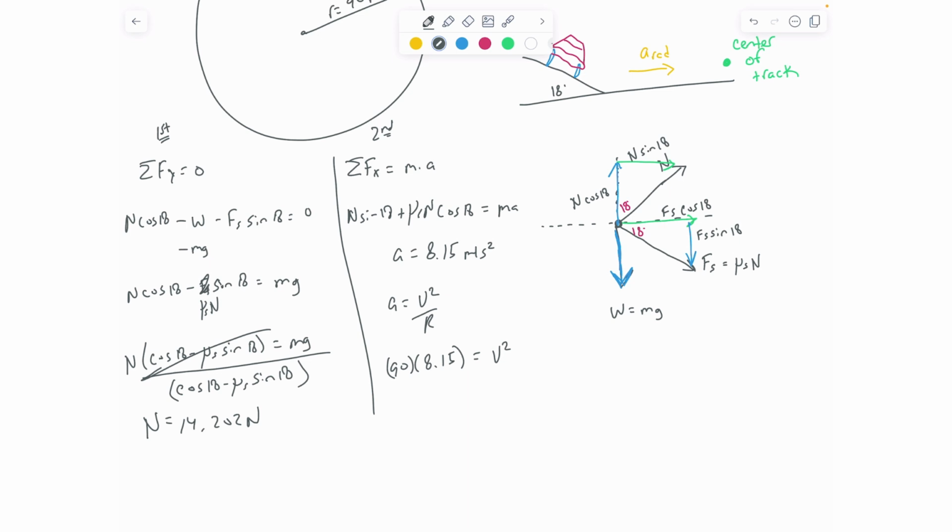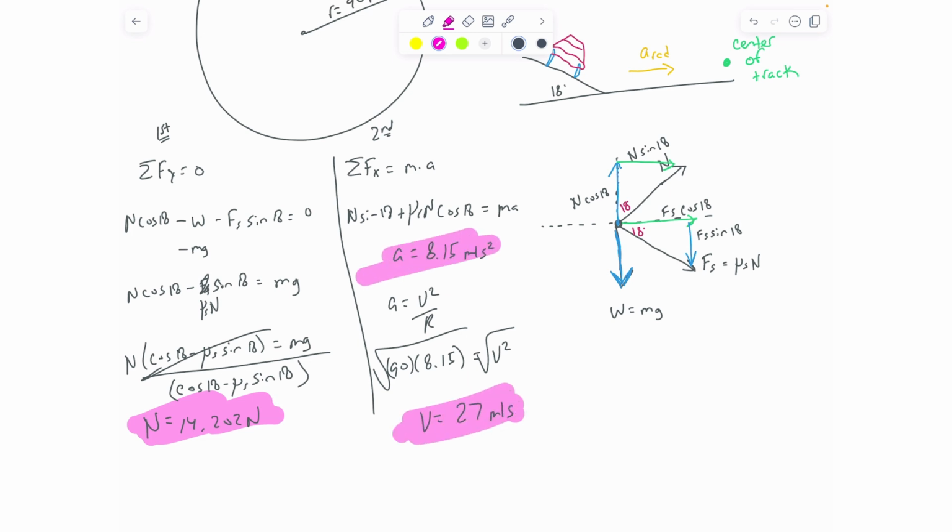Of course, you gotta take the square root of both of those, and then you'll end up with the velocity equal to 27 meters per second. Okay, and so that's essentially it. Let me just highlight those. There's the normal force, there's the velocity, and there's the acceleration.